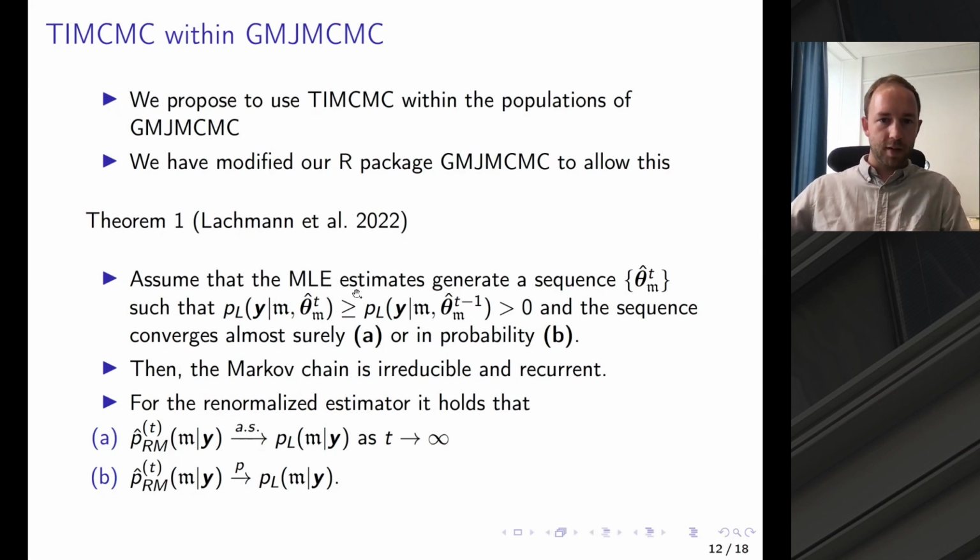We obtain this by the calculation of the likelihood from the full data set at the end of the optimization. If this is fulfilled, then the Markov chain will be both irreducible and recurrent. And for the renormalized estimator, it also holds that it will converge correspondingly: if this sequence converges almost surely, we will see almost sure convergence here, and if we see convergence in probability, we will also have it here.